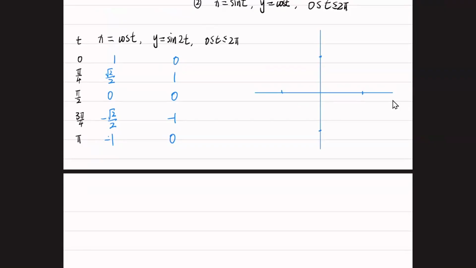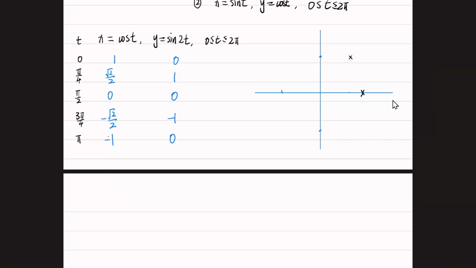First point, t is 0, x is 1, y is 0. Same as before, we start from here. Second point, x is about 0.7, so not over there.